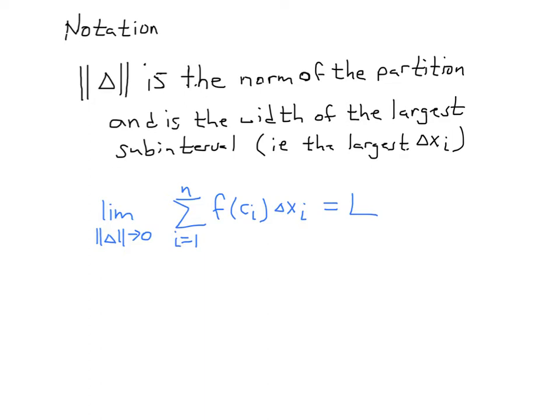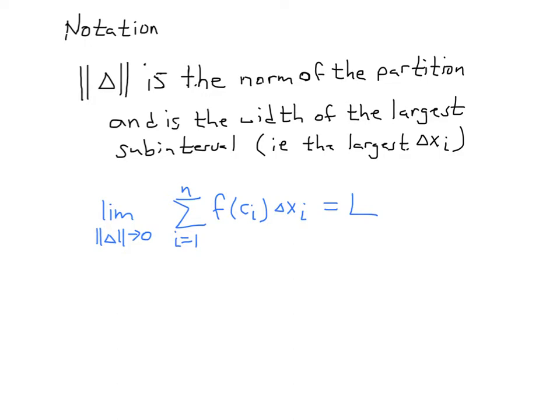Okay, and so what's going to happen here, because we're not looking at a regular partition, we can't look at this as the limit as n goes to infinity. What we're going to be doing is looking at the limit as the norm of my partition goes to 0. As that norm of the partition goes to 0, that means my largest delta x sub i is going to 0.